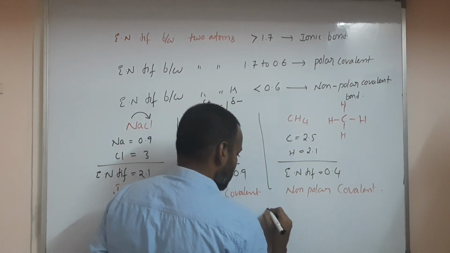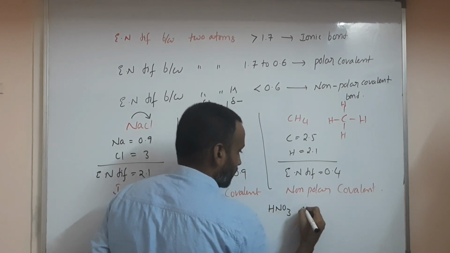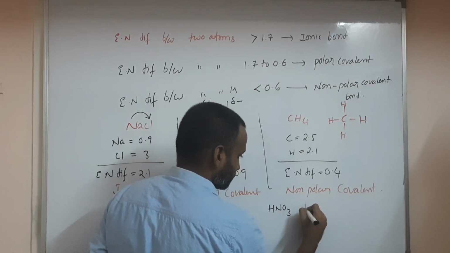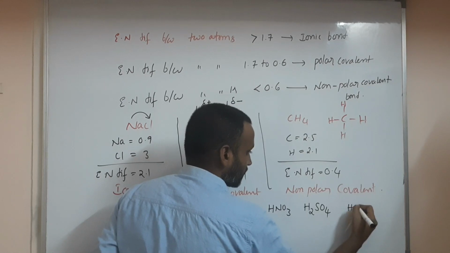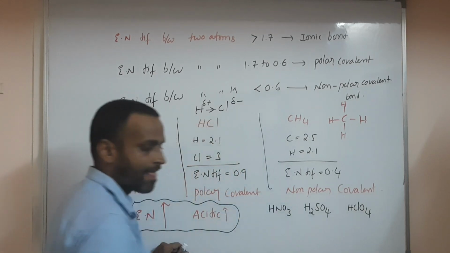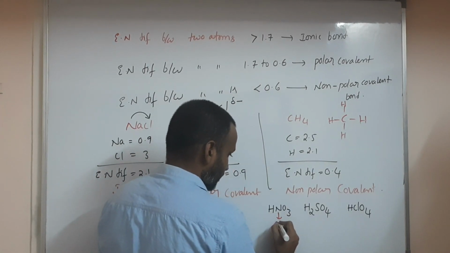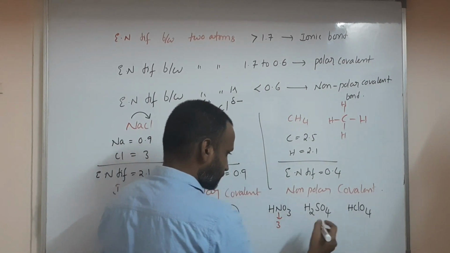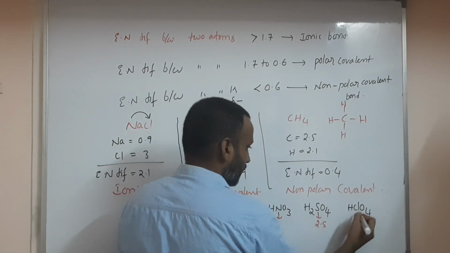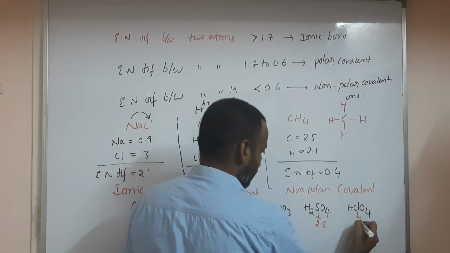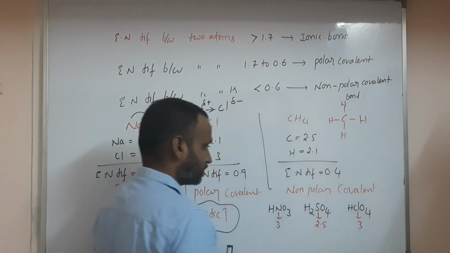Suppose you consider HNO3, sulfuric acid, and HClO4. If you see all these three, nitrogen electronegativity is 3, sulfur is 2.5, and chlorine is 3.